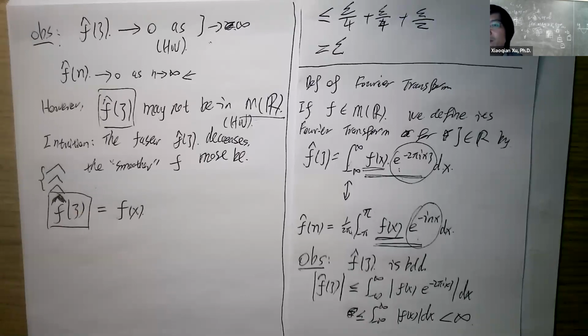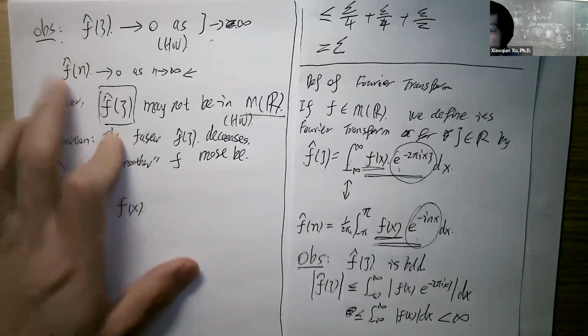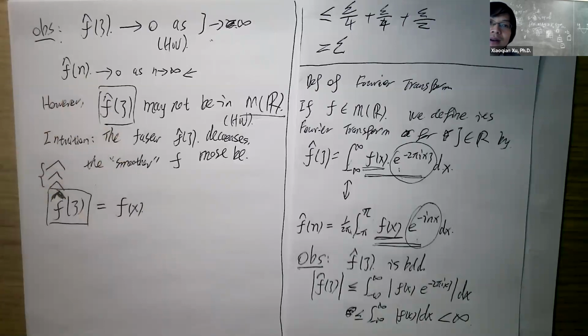So let's see, if we want to build this kind of space, what do we need? Okay, as we mentioned, this f hat, we don't know it, right? It only decreases to 0. So as we mentioned, if we want it to decrease a little bit faster, like 1 over ξ squared, then by the intuition we get from the Fourier coefficient, we want our function to be twice differentiable, right?